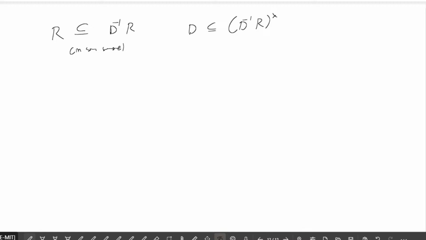Every element of D becomes a unit in this ring, and it is the universal object with that property.